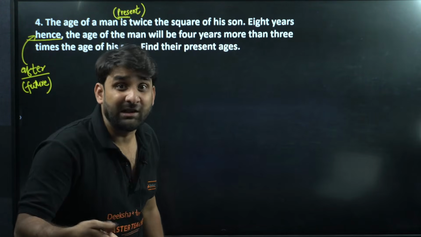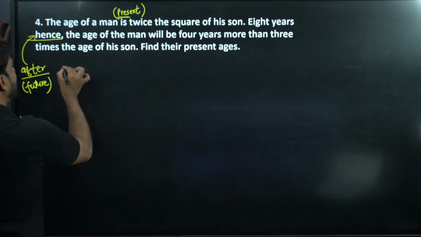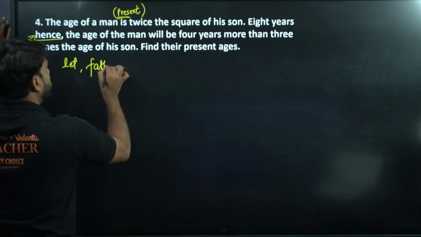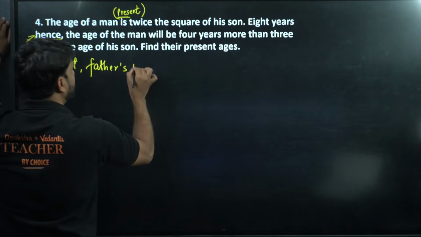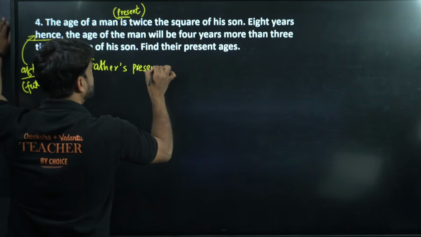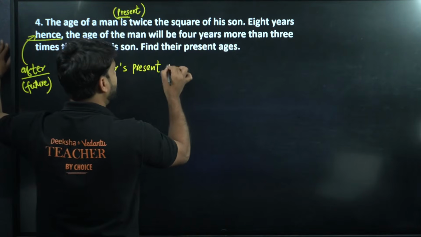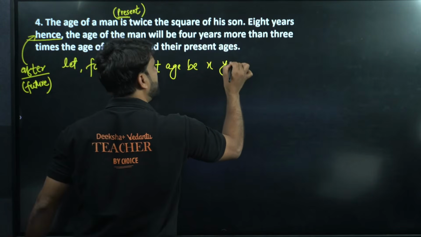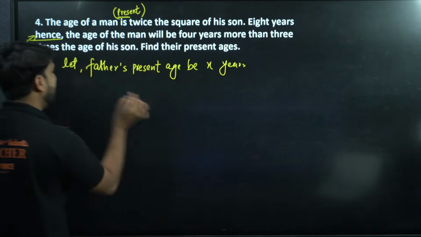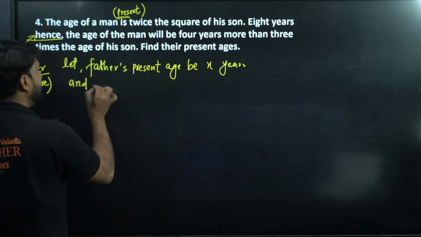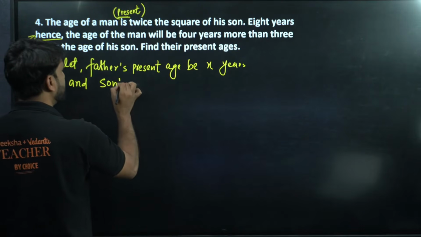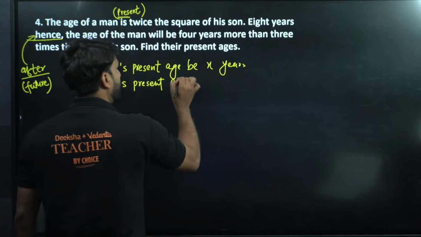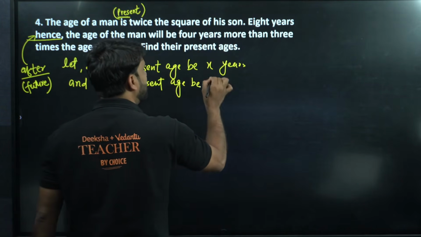Please suppose the values. Let the father's present age be X years, and let the son's present age be Y years.